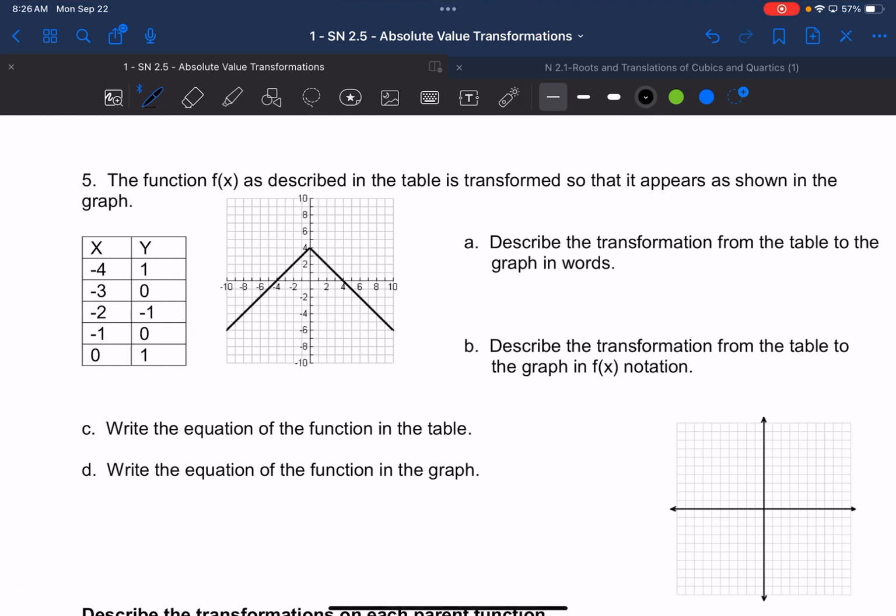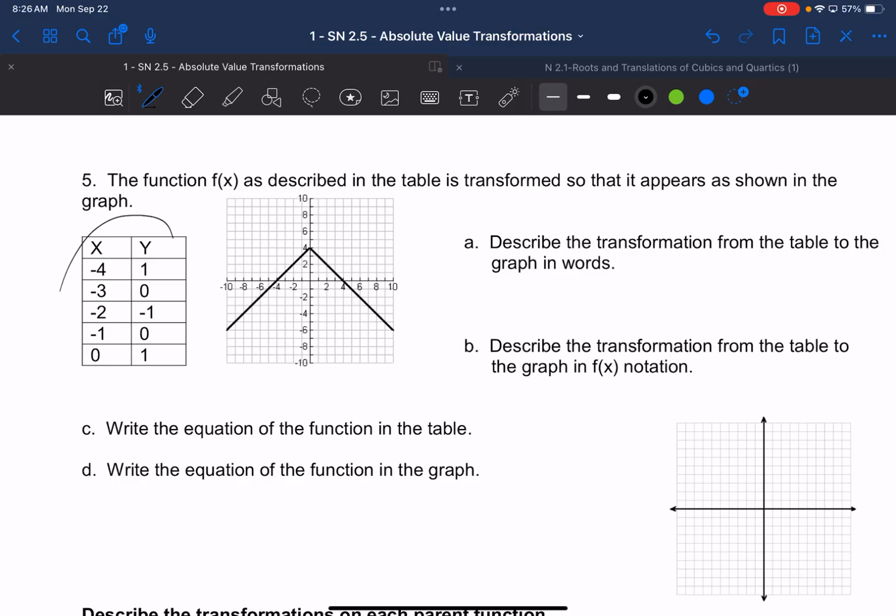So it says here that the function f of x described in the table is transformed so that it appears as shown in the graph. All right, so it says, describe the transformation from the table to the graph in words.